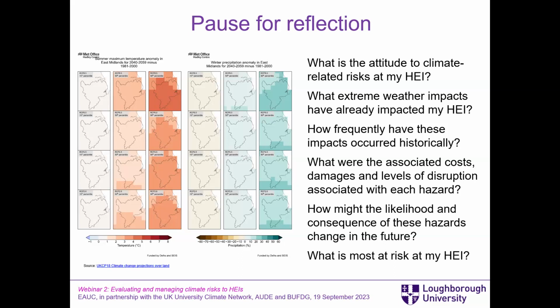How were these impacts manifested? And how do you think these impacts might change in the future? And overall, putting you on the spot, what might you think is the most at risk asset, group of people, or operation at your institution?